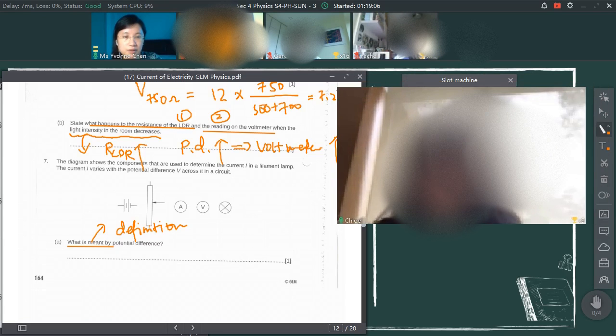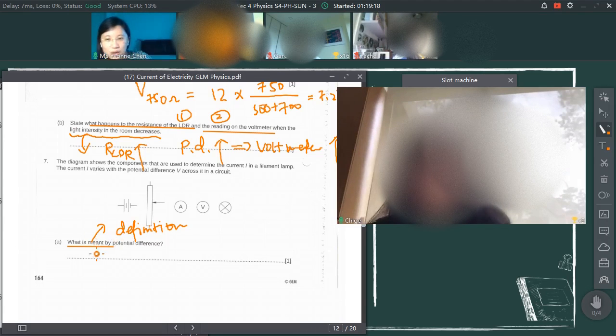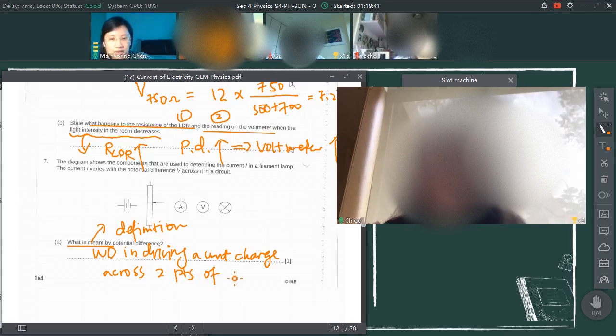Chloe, do you remember the definition? Work done in moving one coulomb of charge from one point to another. I hear keywords like work done. Good. Work done in driving one unit charge from one point to another, so we can say across two points of an electrical circuit.